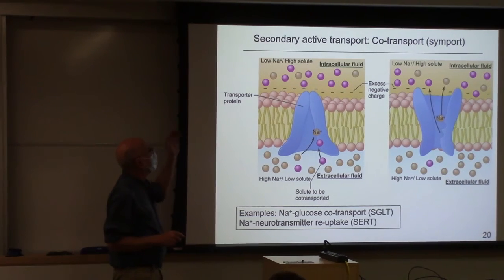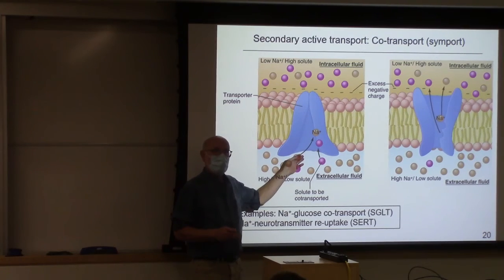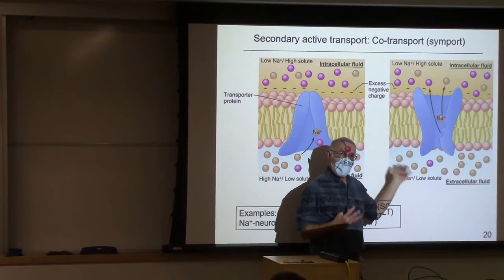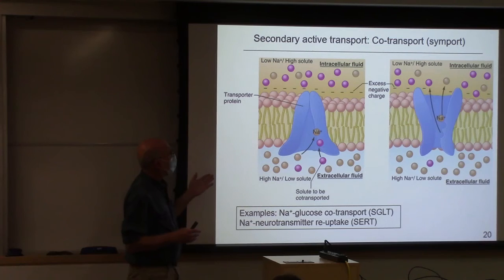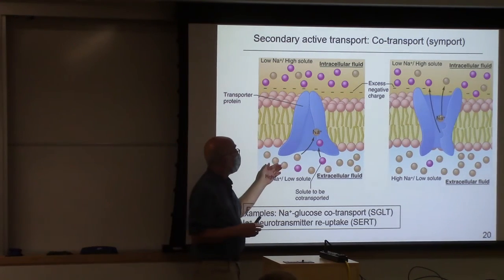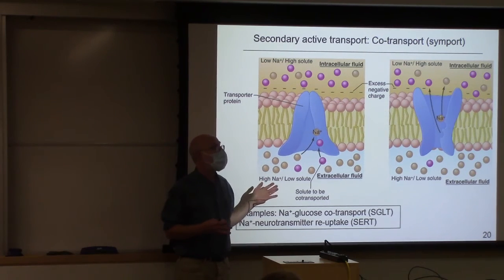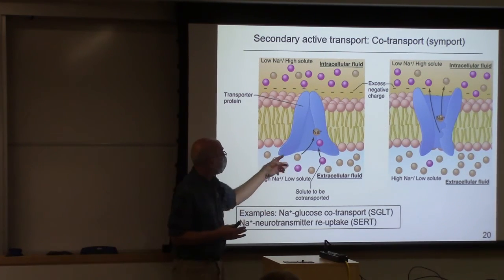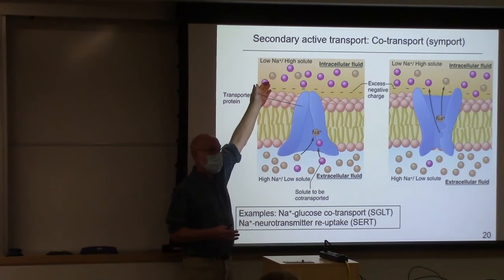In secondary active transport, a solute gradient is the source of energy to create another solute gradient. So, for example, the sodium gradient was created by the sodium potassium ATPase. Primary, ATP was the source of energy. Sodium is in high concentration on the outside and low concentration on the inside.